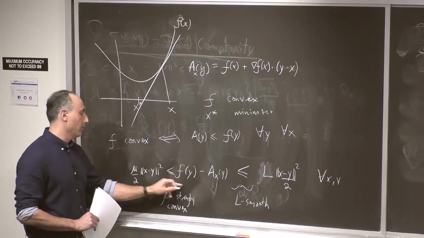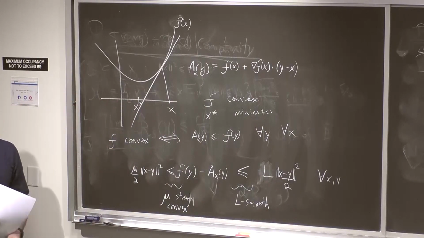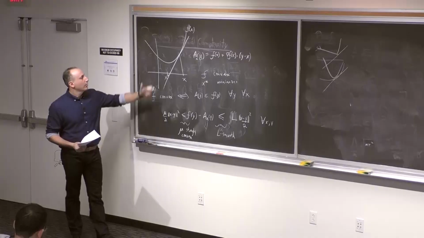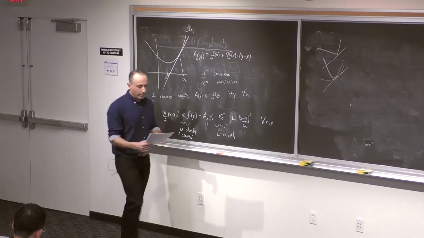So this inequality is mu strongly convex, that one's L smooth, and it's controlling how much you grow above or below the supporting hyperplane.